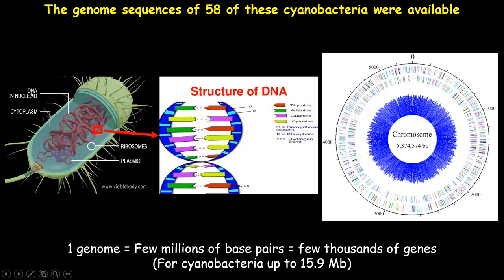This molecule is basically a polymer, and it consists of the alternation of different nucleotides. We have 4 different ones, which are thymine, adenine, guanine, cytosine, and they are abbreviated by A, T, C, G.